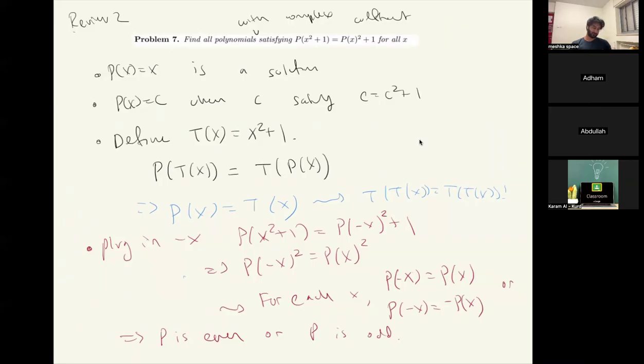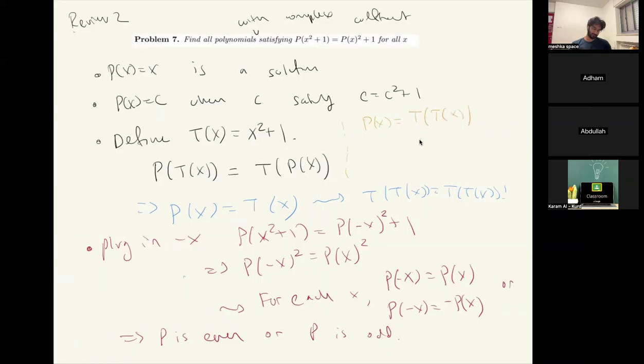So here's an observation. You can actually guess something else. Let's take P of X equals T of X. So we iterate the polynomial. We take X squared plus 1 and we plug it into itself.